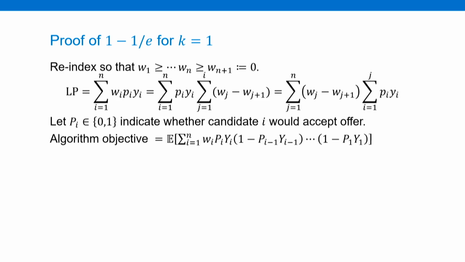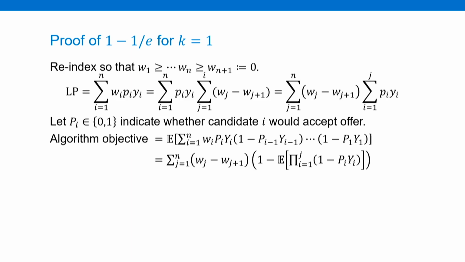Because this means yi was 1, I made i an offer, and pi is 1, I would have accepted. But that's not enough, because here I only have 1 position. So I needed everybody before i to have rejected, or sorry, to have not been hired. So basically, the indicator for me hiring i is piyi times this product. I needed everyone before i to turn it down.